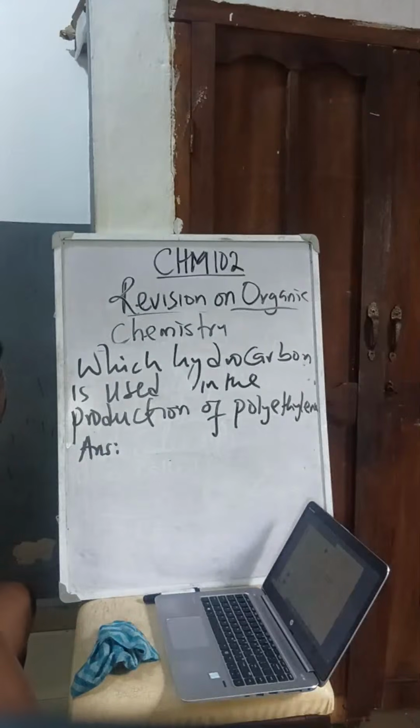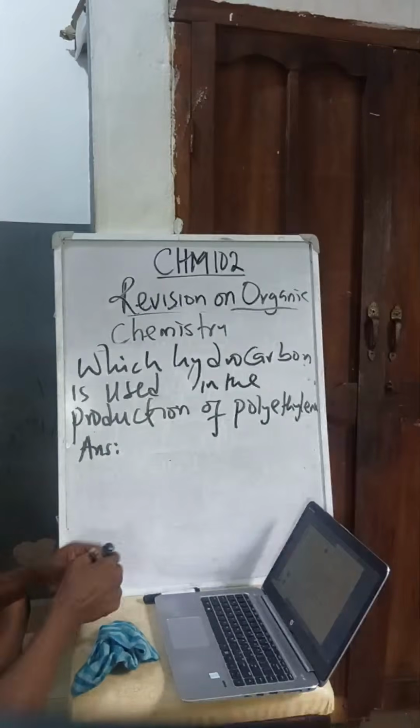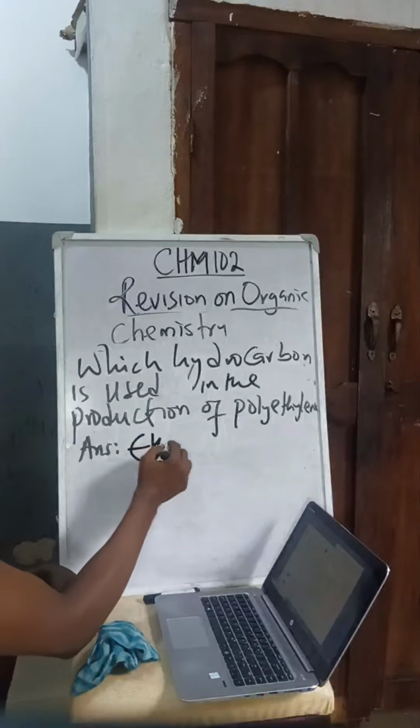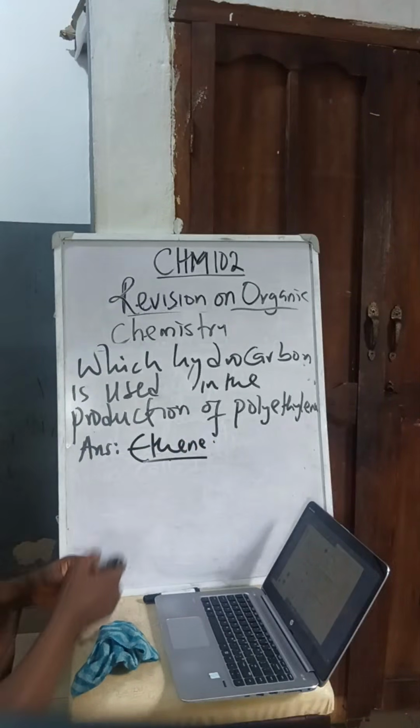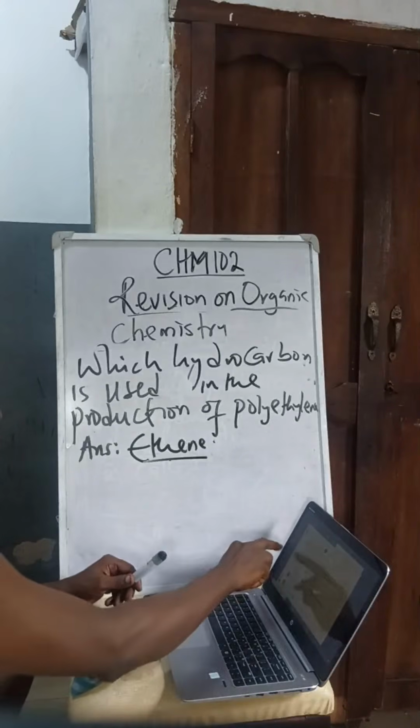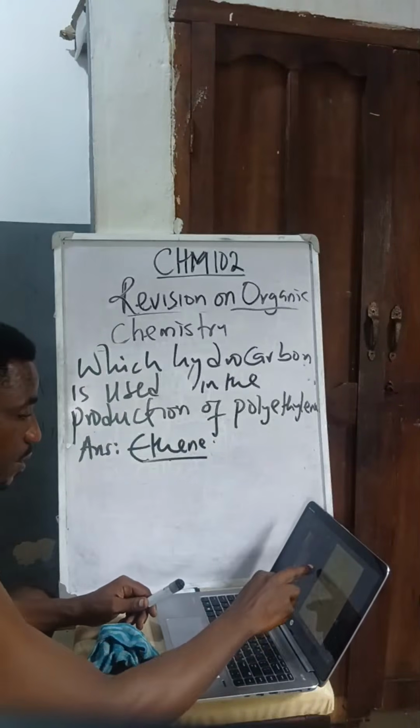Which hydrocarbon is used in the production of polyethylene? The answer is ethane. I hope you got that. The answer is ethane.